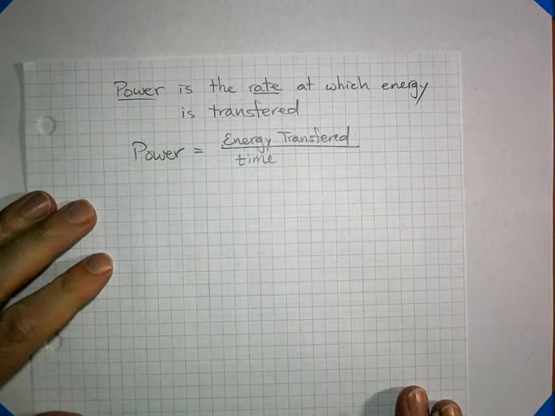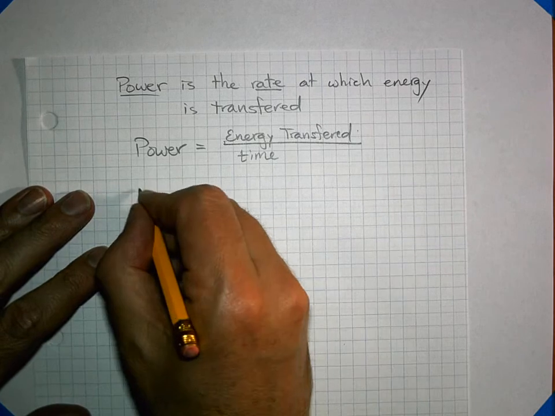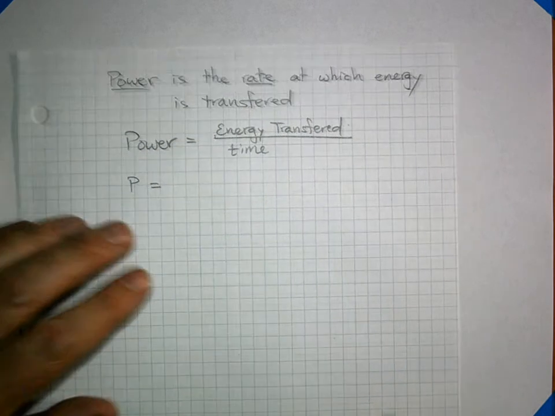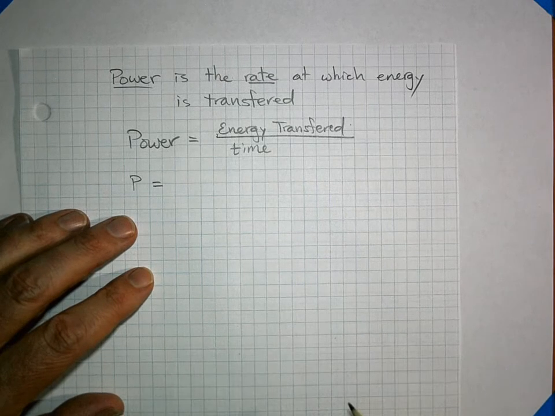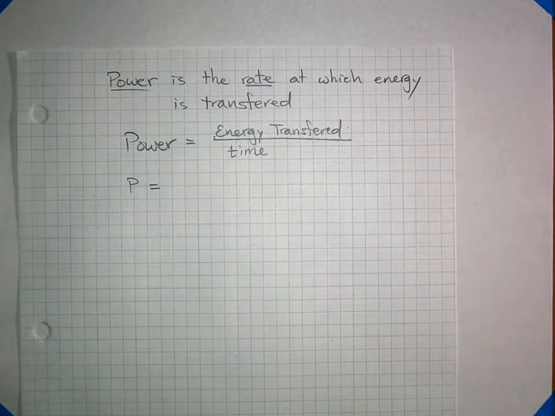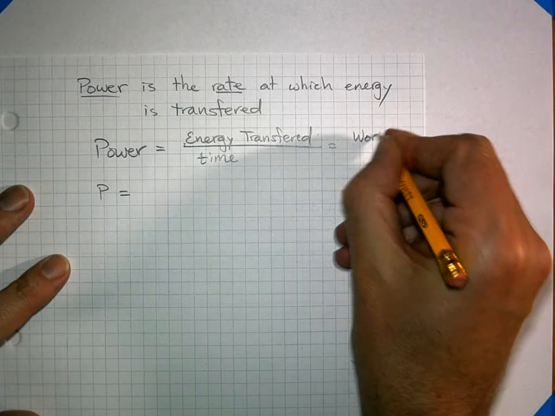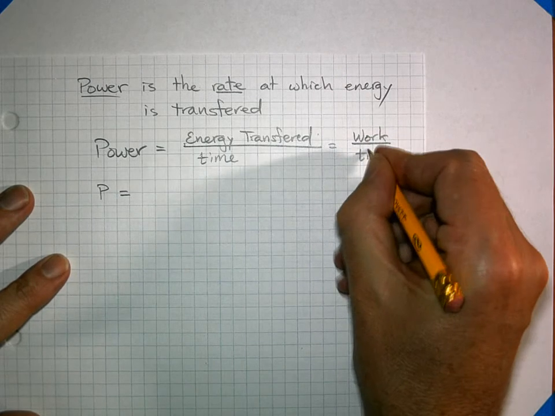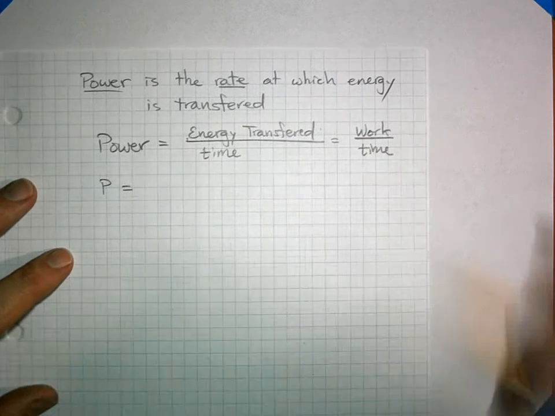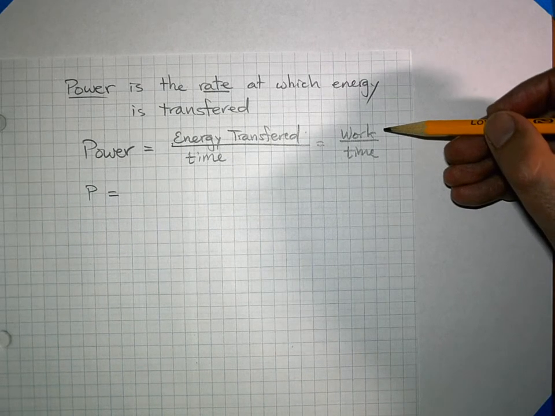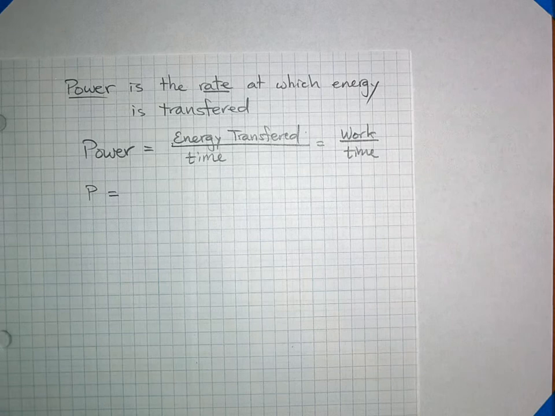So let's write this now as a formula. The energy transfer that we're going to talk about today is work. So it's work over time. Later on when we're talking about electricity, it's going to be the energy transferred by electricity or whatever.